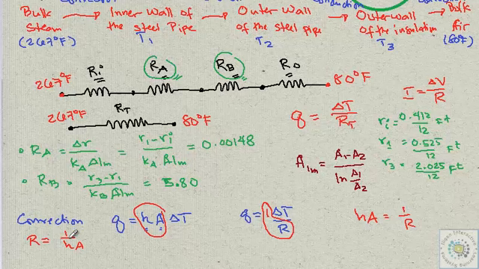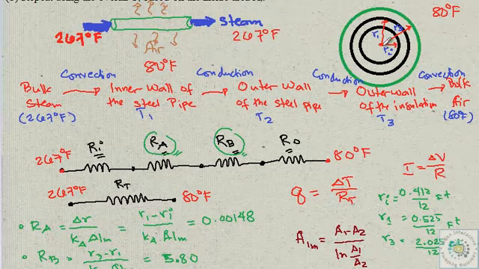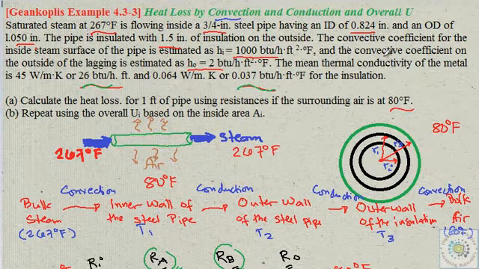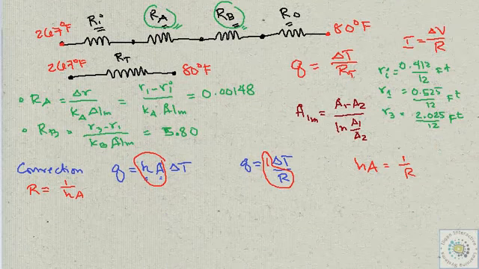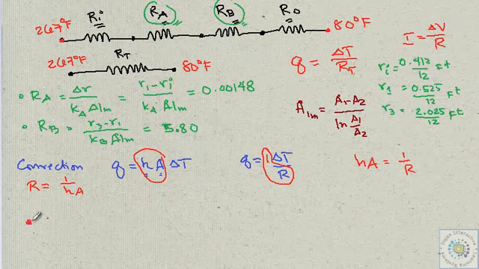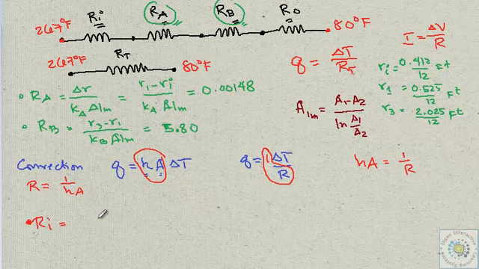Now, when we refer to h, in this case the steam going to the inner wall of the pipe, we are given the internal heat transfer coefficient. For Ri, it will just be equal to 1 over hi, the convective heat transfer coefficient of the steam, because steam at 267 is transferring heat to the inner wall of the pipe.